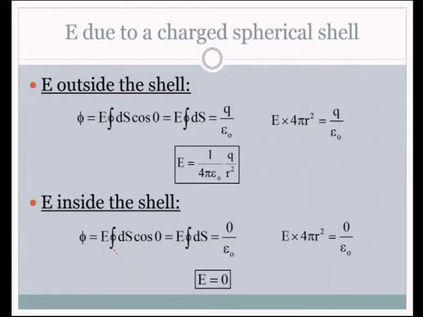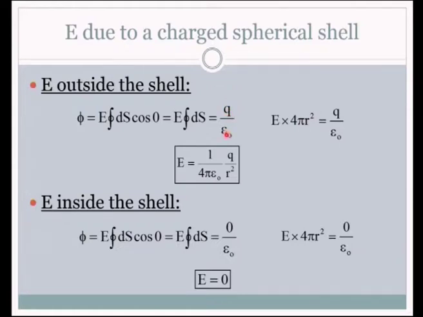For E outside the shell, we have written the Gauss law as usual. The steps are very familiar to us now, because we have to just start with the expression for Gauss law, in which the theta is 0. I have shown the two vectors E and ds, they are in the same direction. So, theta is 0, cos 0 is 1, and the expression E is taken outside the integral because E is constant, and that Q is the total charge enclosed by the Gaussian surface.